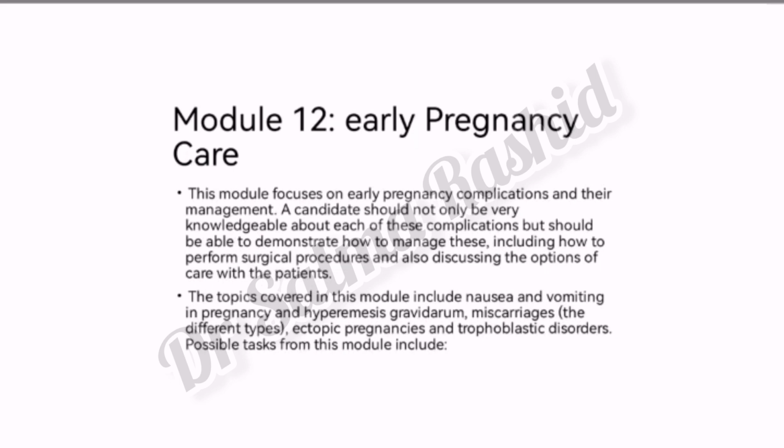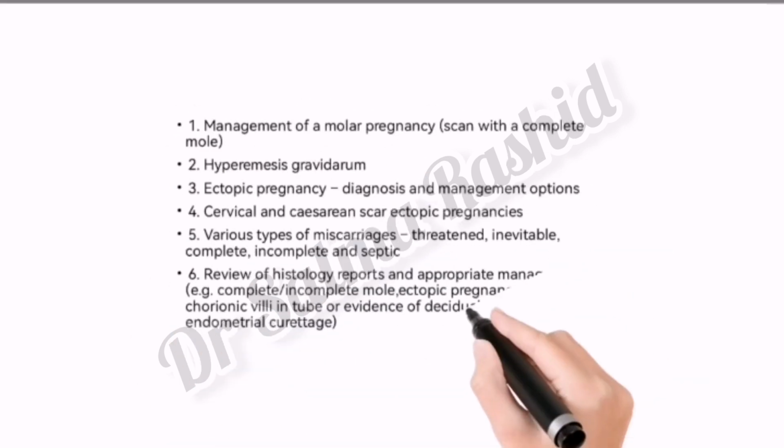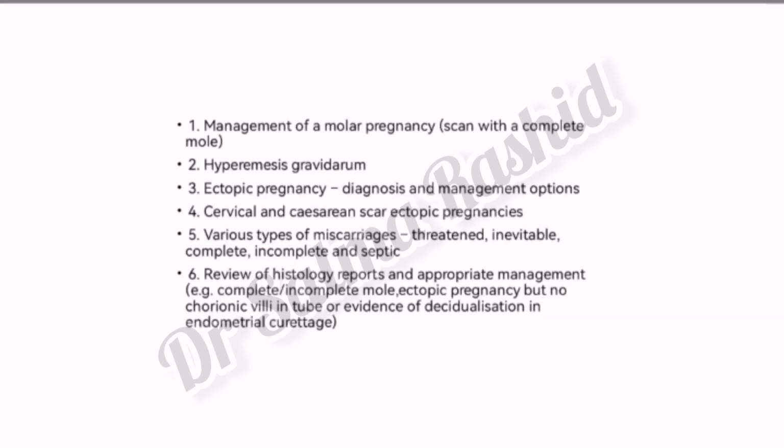Possible tasks from this module include management of molar pregnancy, scan with a complete mole, hyperemesis gravidarum, ectopic pregnancy, diagnosis and management options, cervical and cesarean scar ectopic pregnancies, various types of miscarriages, threatened, inevitable, complete, incomplete, and septic, review of histology reports and appropriate management. Example, complete, incomplete mole, ectopic pregnancy, but no chorionic villi in tube, or evidence of decidualization in endometrial curettage.